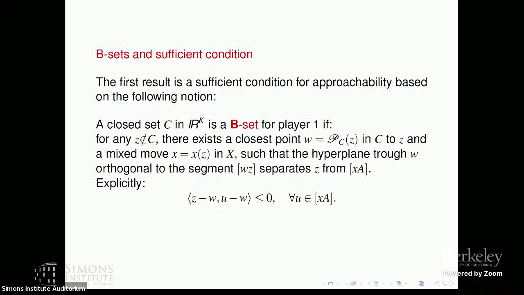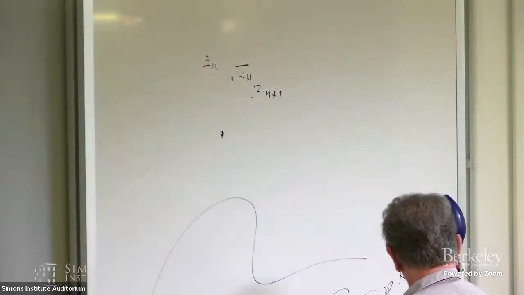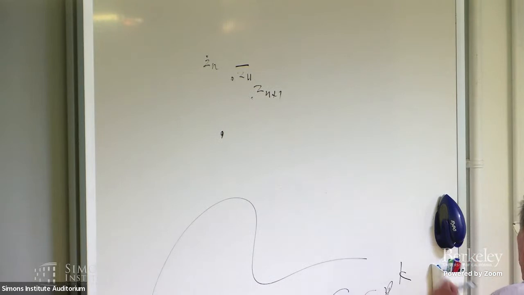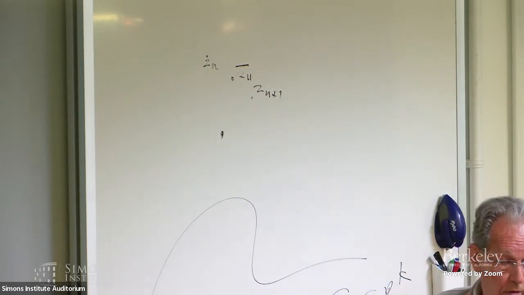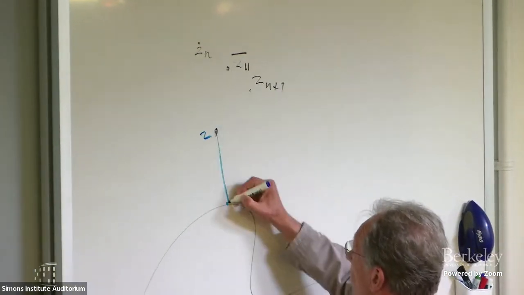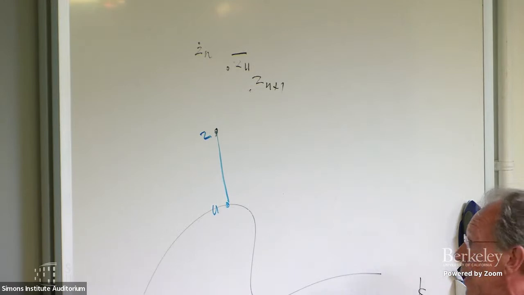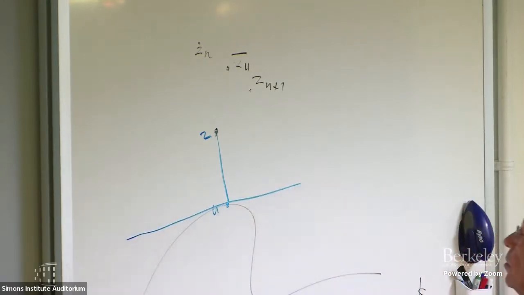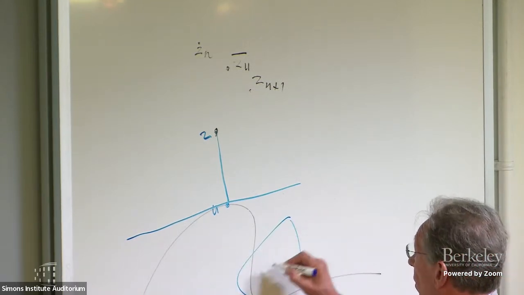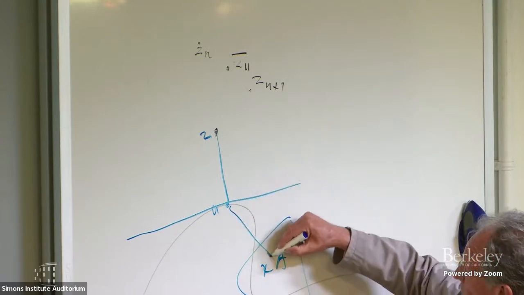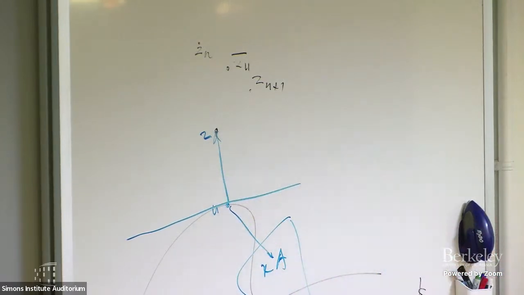There are two points in Blackwell's theorem. One is the notion of B-set and the sufficient condition for a set to be approachable. The second is the specific class of convex sets. We say that the closed set C is a B-set if for every point Z, you look at the closest point, let's say U in C, a closest point in C to Z. What you want is that there is a move, a strategy of player 1, such that the set XA is on the other side of the hyperplane perpendicular to ZU.